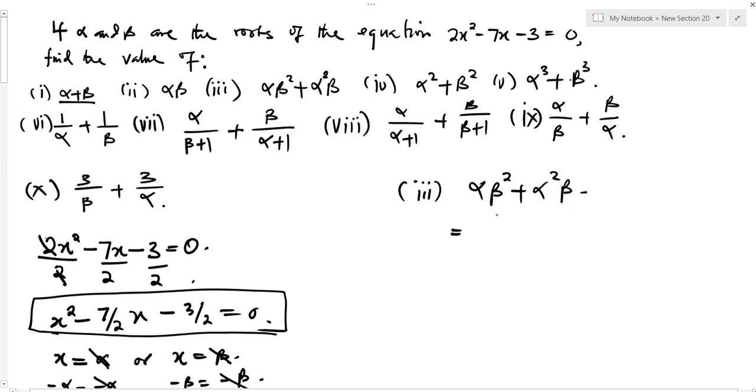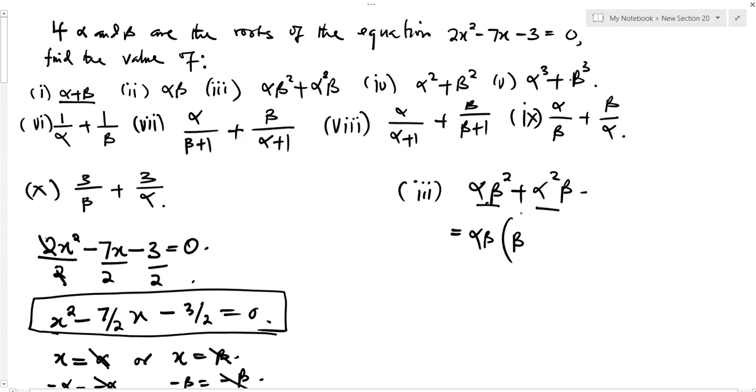Now, what is the common factor between these two terms? The common factor there I can see is alpha beta. So using alpha beta to factorize this, if you use alpha beta to divide this one, alpha beta square divided by alpha beta, you have beta.